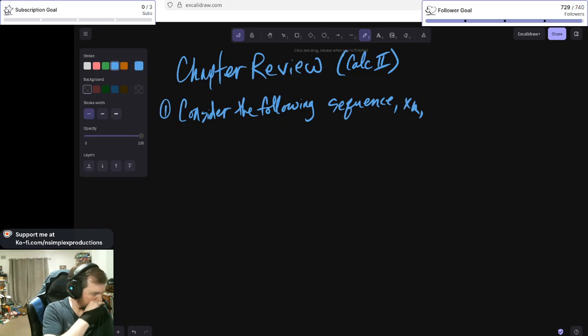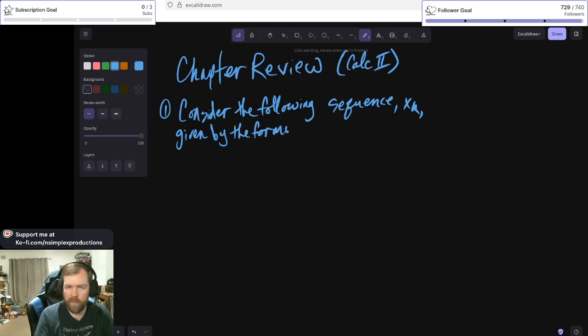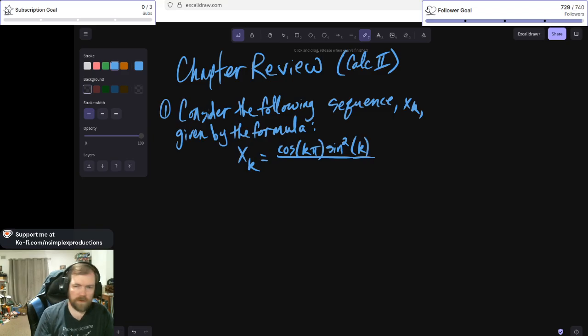Consider the following sequence x sub k, given by the formula x sub k is equal to cosine of k pi times the sine squared of k all over the kth root of k.